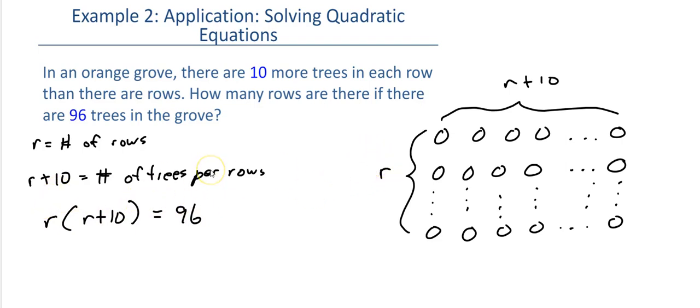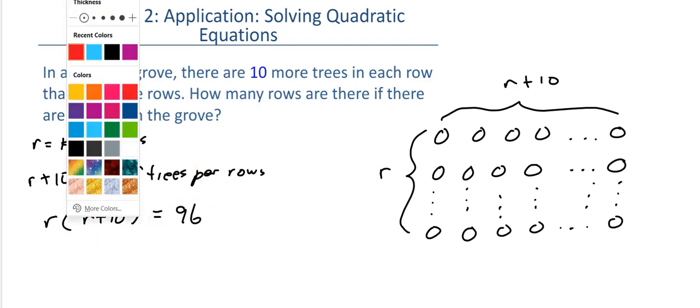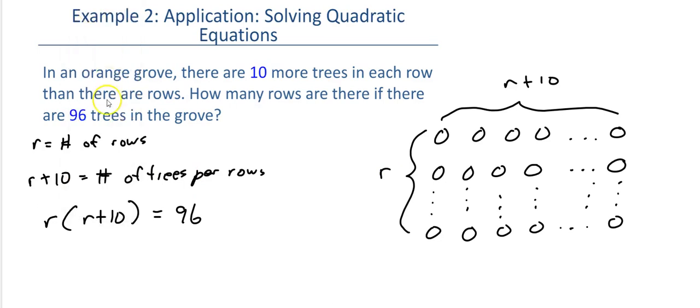You kind of got your length, you kind of got your width. Now what we need to do is distribute everything, this R, into everything right there. R times R gives us R squared. R times 10, everything's positive, gives us 10R. That's all going to equal 96.